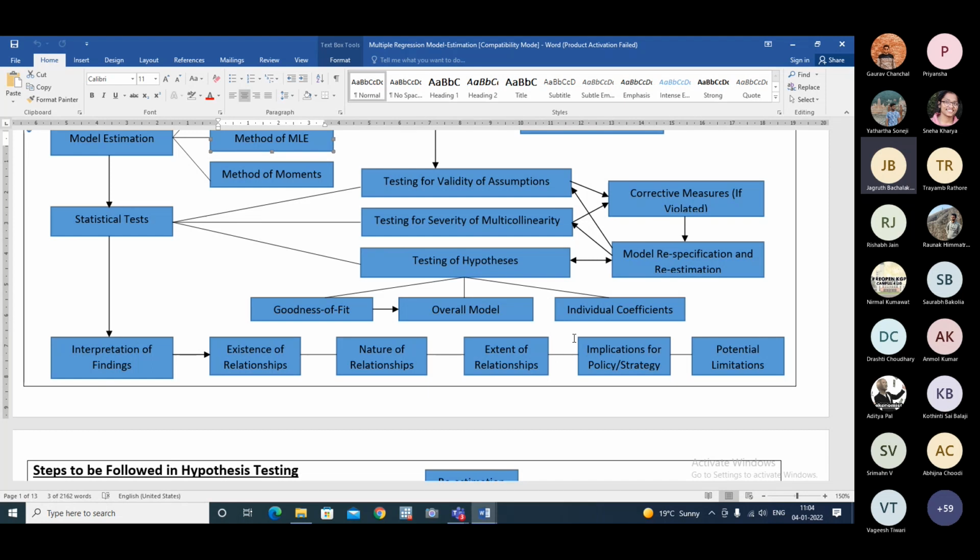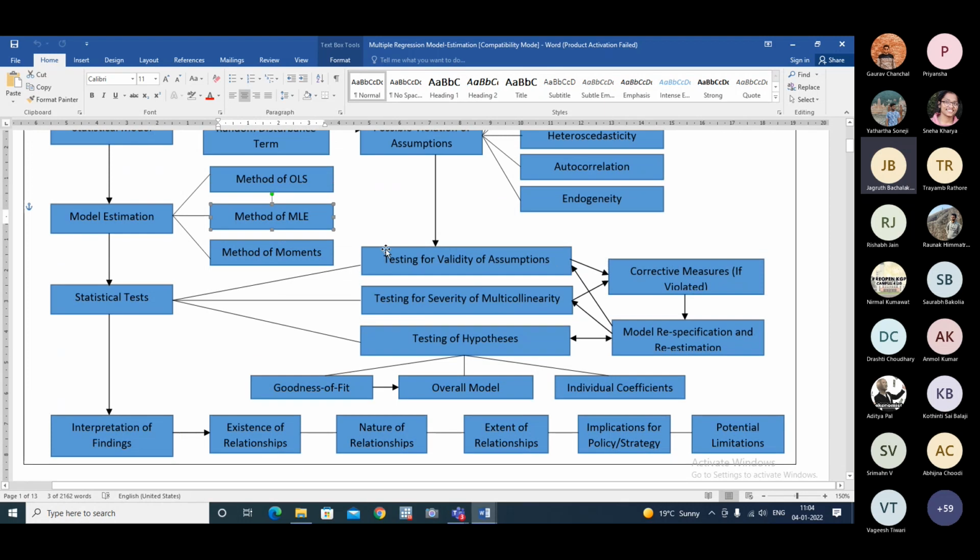It is possible that there will be certain limitations of what I have done. But what is very important here is not the limitations per se. Understanding the limitations and recognizing the same, these two are very important. So this is the overall approach.